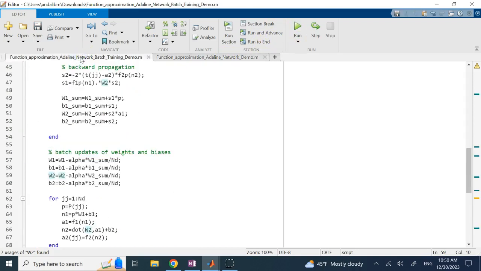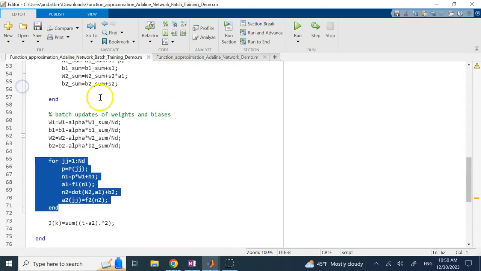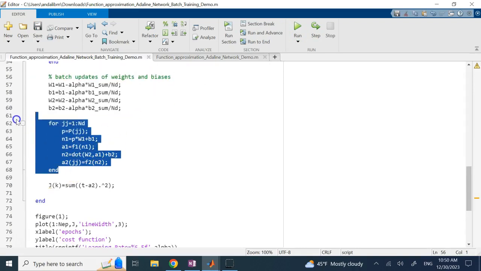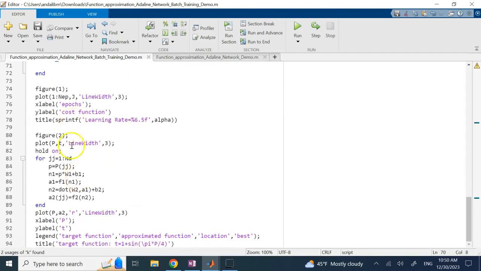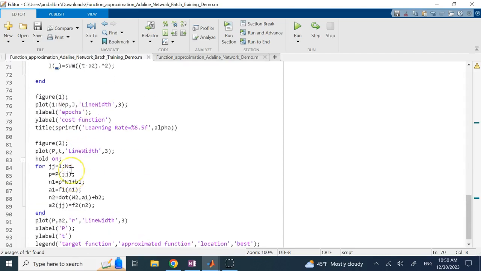Here I did the same thing. If you look here, you see I calculated, after I did this batch update for that epoch, the output of the network A2, subtracted vector A2 from vector T, squared it and summed it up to get the cost function for that epoch. And then I'm going to plot it.